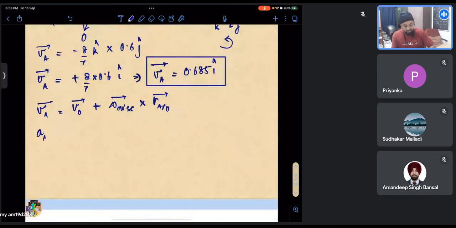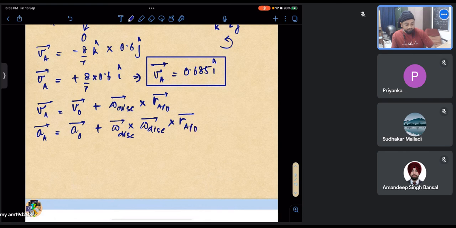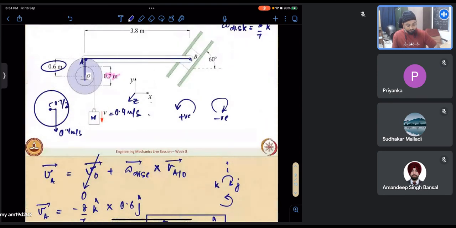So similarly, acceleration of A, if we see, it will come out as acceleration of O plus omega disk cross omega cross R plus alpha disk cross R. So one is pointing towards the center, one is tangential. So what is alpha?